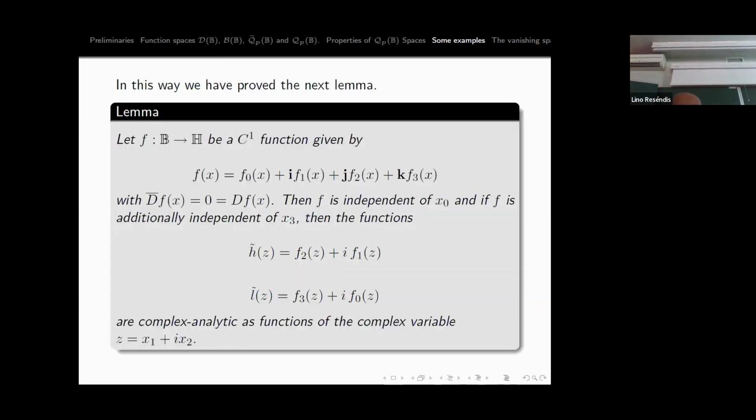In this way, we have proved the next lemma. We consider a C1 function from the unit ball to the quaternionic numbers, and then we consider the function given in this form that satisfies this condition. If F is independent of x0 and additionally independent of x3, then these two functions are complex analytic as functions of the complex variable z equal x1 plus i times x2.